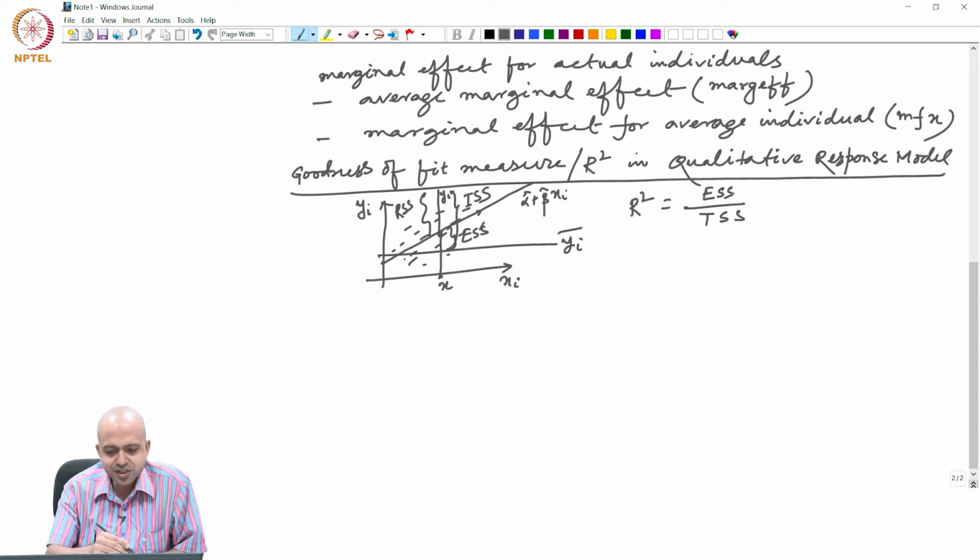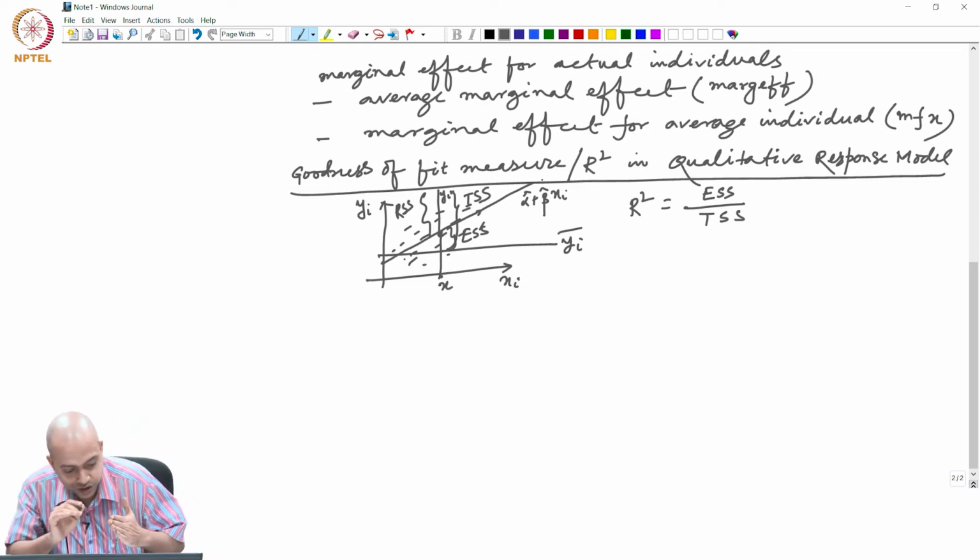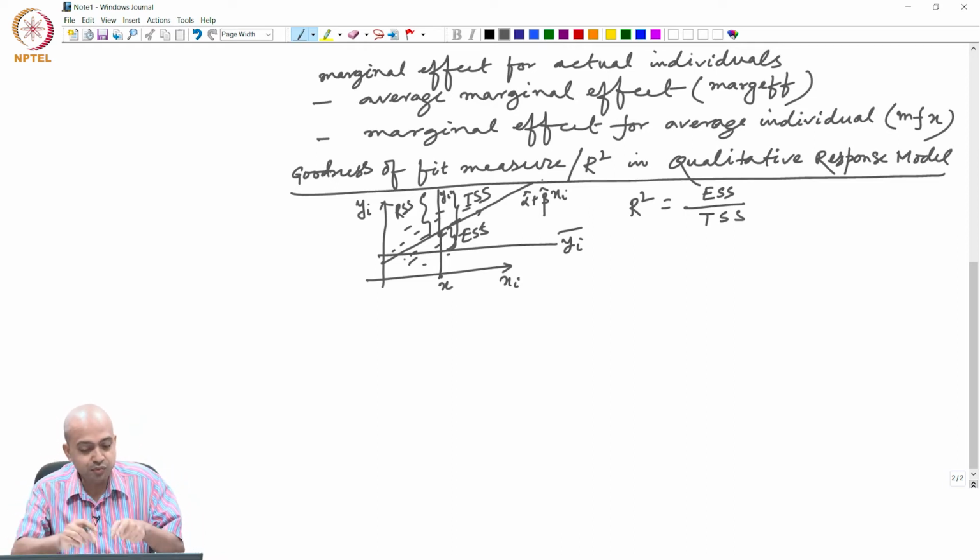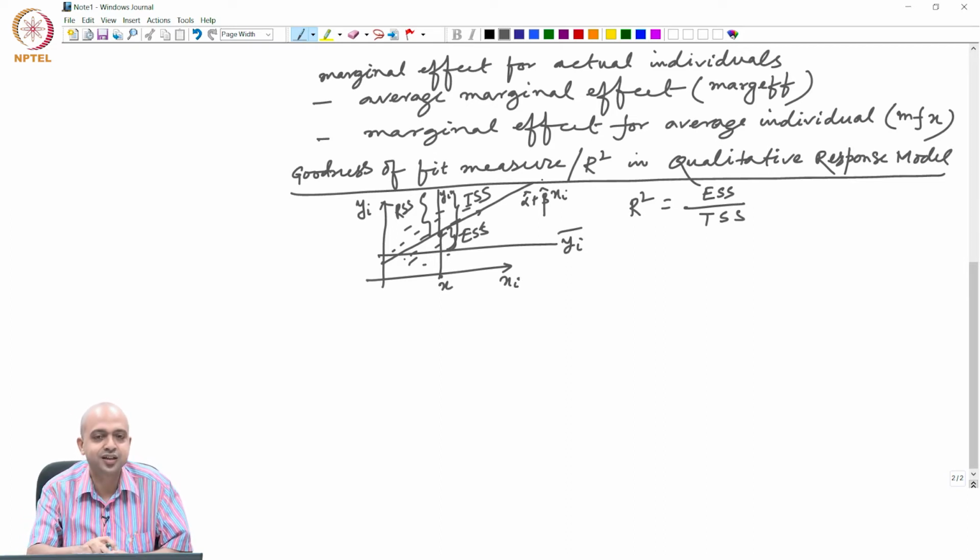So, when you have a scatter plot like this, given xi, your yi can take any value, and you have a regression line which basically represents the scatter plot. And what is goodness of fit? How good my regression line is in representing this scatter plot, which is nothing but the raw data.